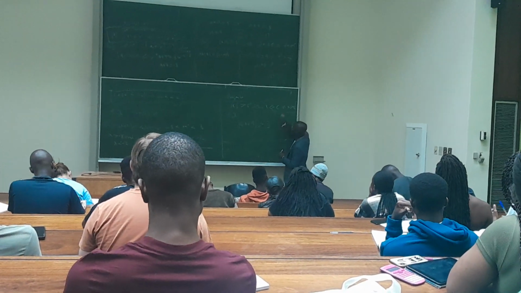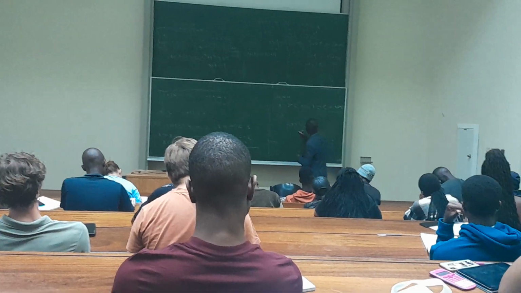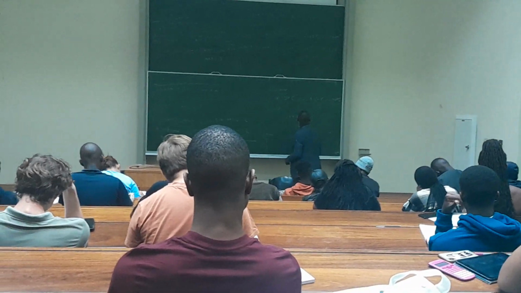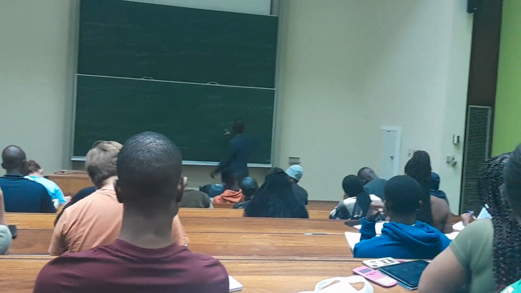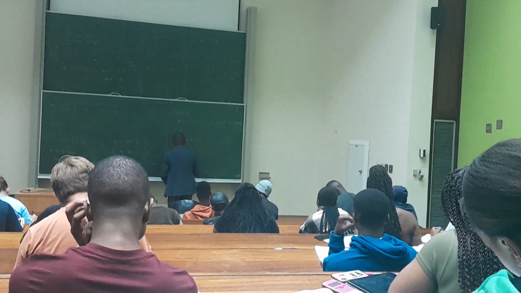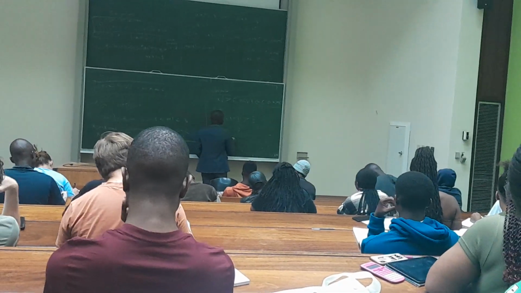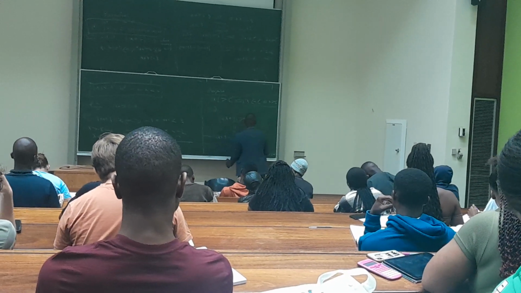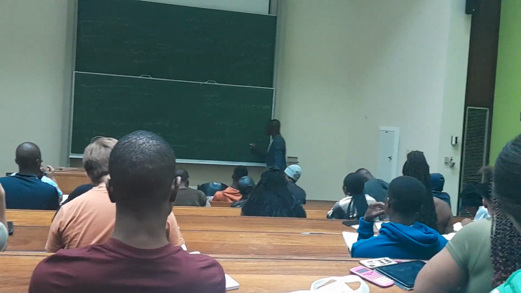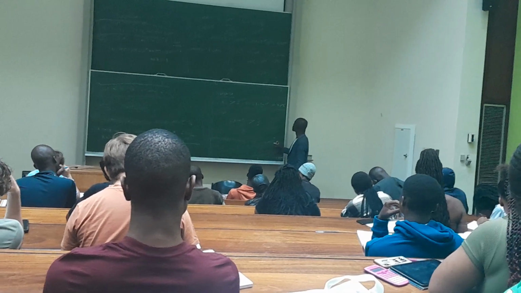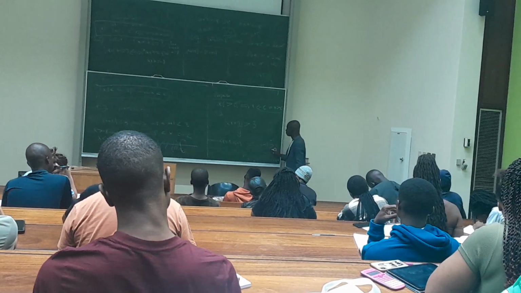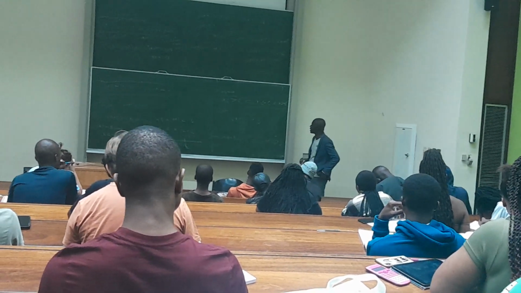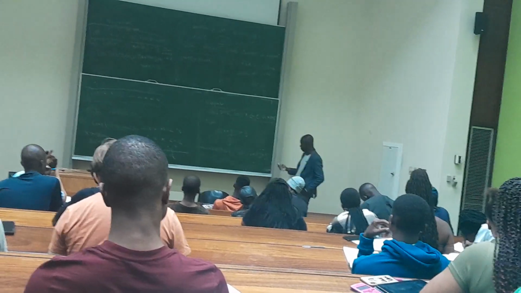Okay? So by this property, we have that 2x plus 1 is less than minus 3, or 2x plus 1 is greater than 3. Yes or no? Yeah, okay.